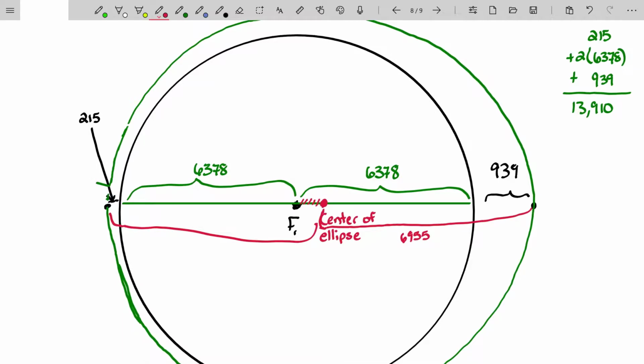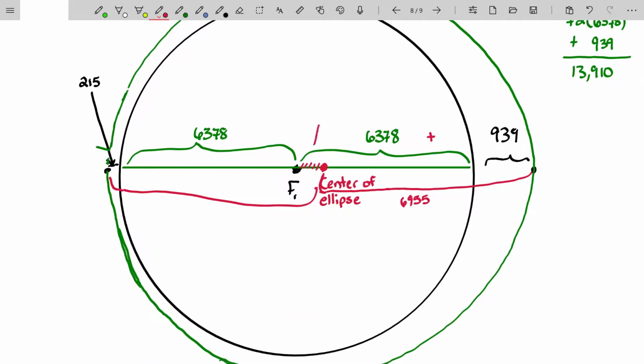That shouldn't be too bad, because we have a total distance of 6,378 plus 939. That gets us from that focus all the way to that vertex. And we can subtract 6,955 to find out what this little distance is. So that distance is 6,378 plus 939 minus 6,955.